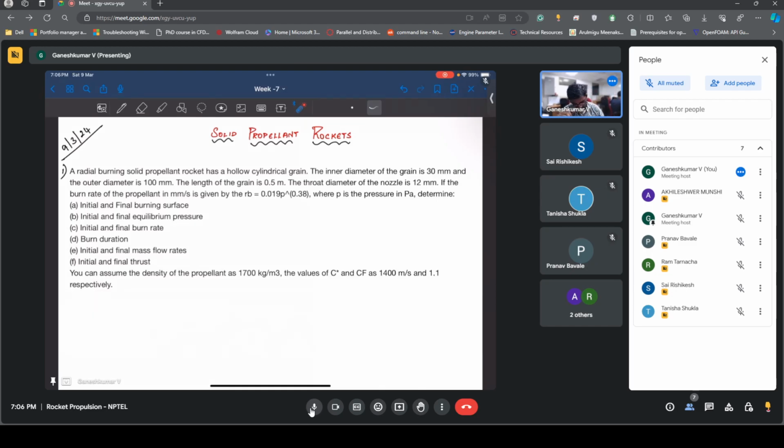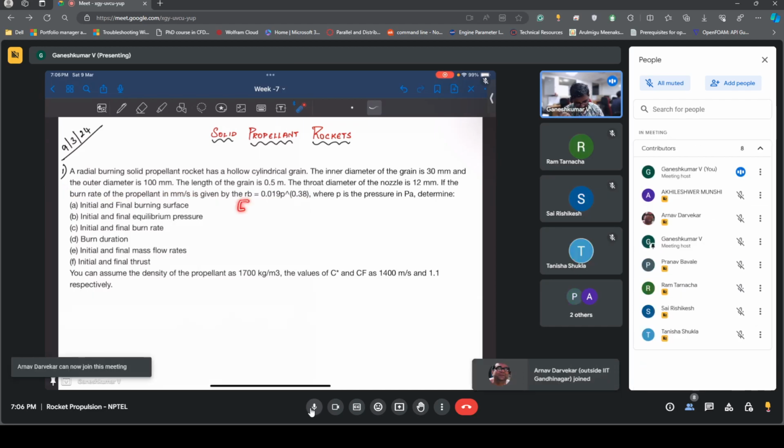The inner diameter of the grain is given, the outer diameter is given, the length of the grain is also given, the throat diameter of the nozzle is given, and also the burning rate of the propellant is given. This burning rate is actually coming from experiments. We cannot find this burning rate, it is coming from the experiments.